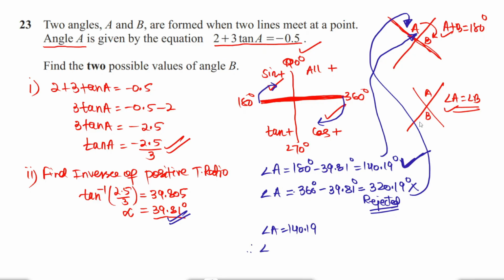Therefore, if the two lines are intersecting, angles A and B can be on a straight line, or they can be vertically opposite. So this value is rejected, and hence we are taking this value only.